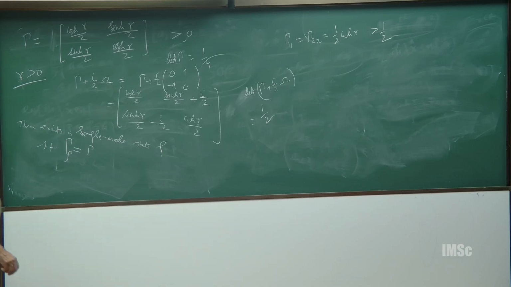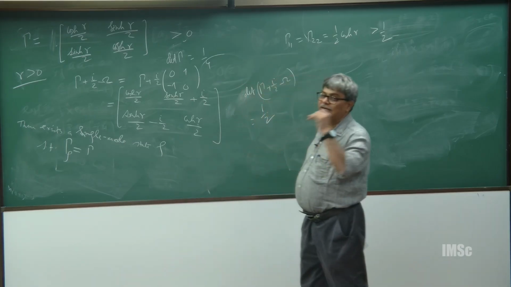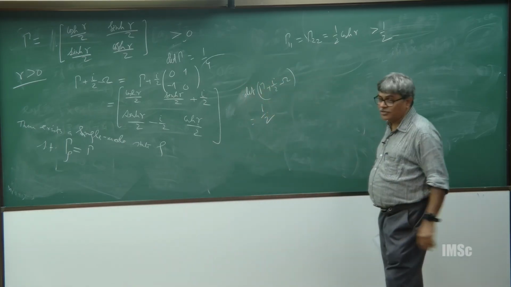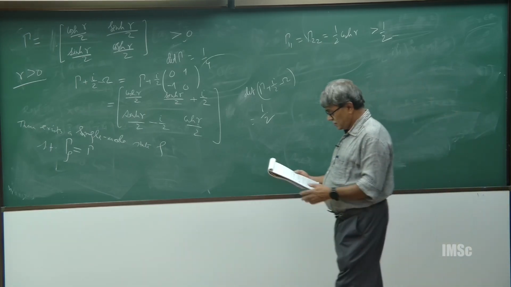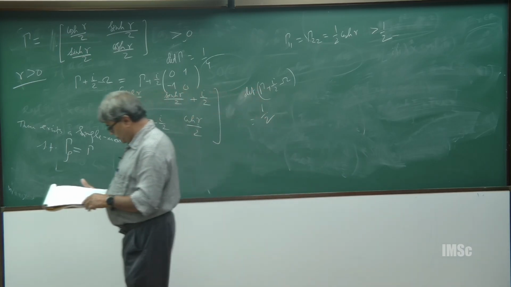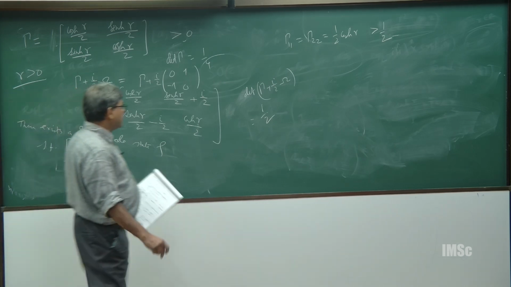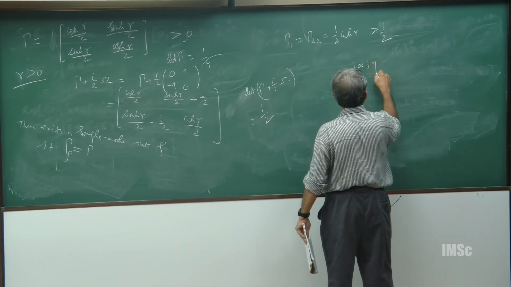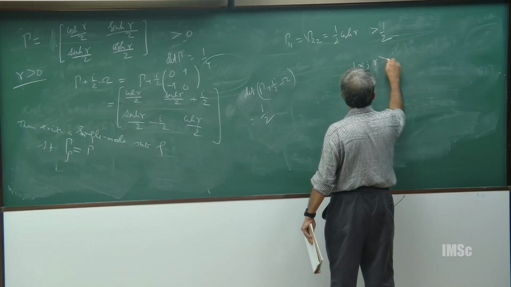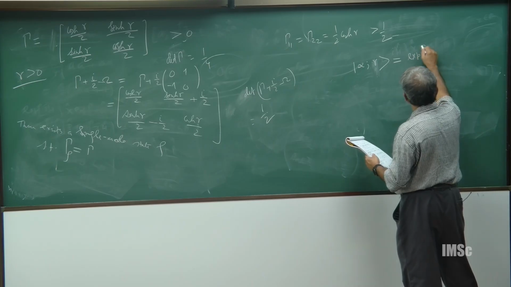But how to see whether squeezing is there or not? For this what you can do is you can take the state alpha colon r, which is the squeezed coherent state.